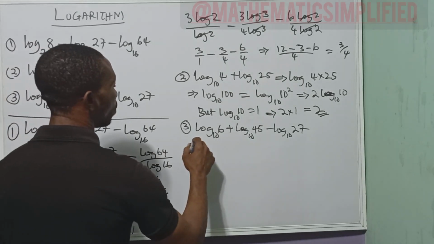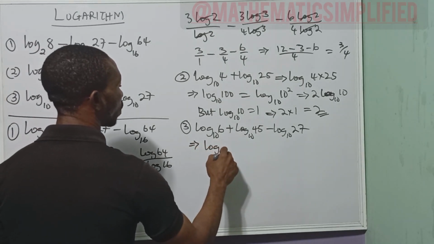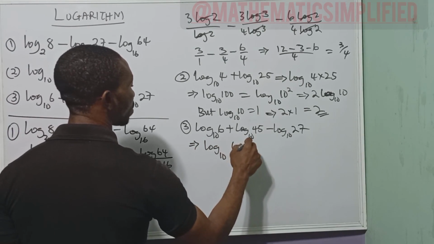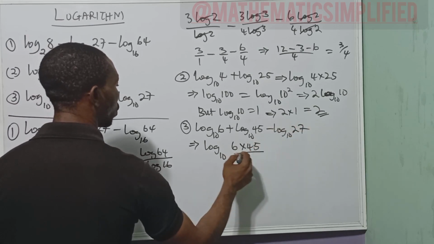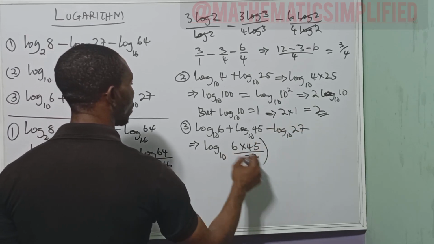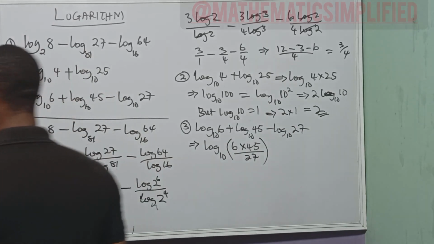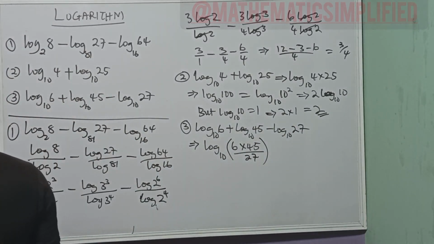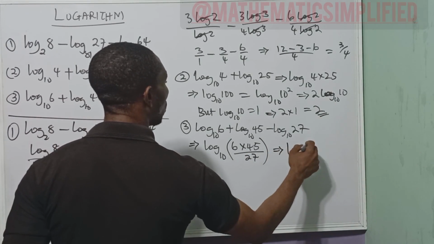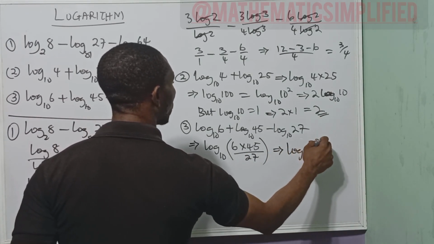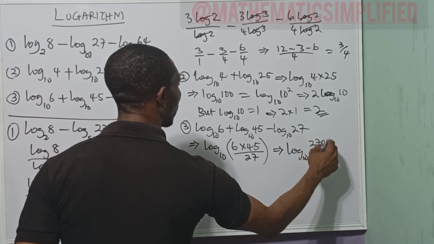So this will become log 10 of 6 times 45 over 27, since addition becomes multiplication and subtraction becomes division. Now 6 times 45 would give us 270. So this becomes log 10 of 270 over 27.